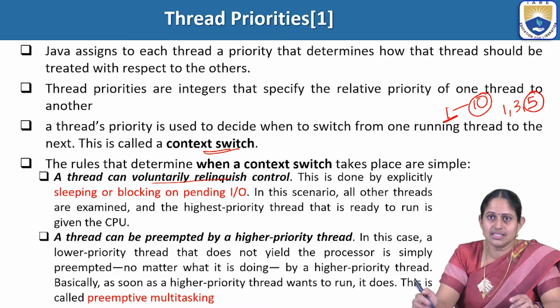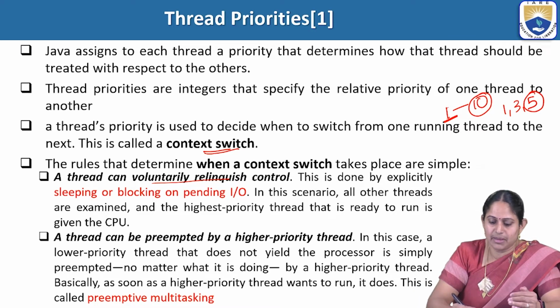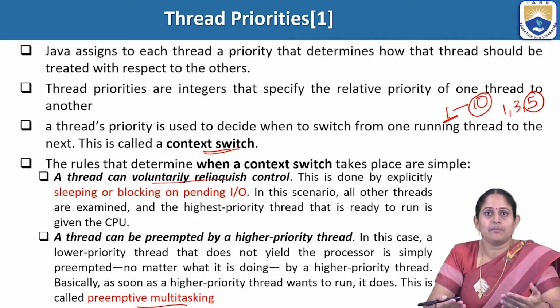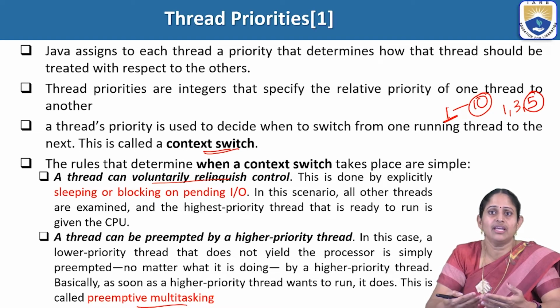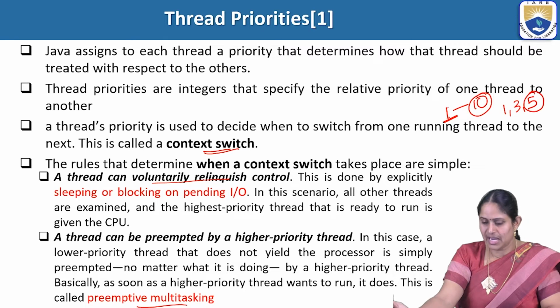This is called preemptive multitasking, wherein the higher priority thread may preempt the lower priority thread. The lower one will stop its execution, and the CPU will be given to the higher one.